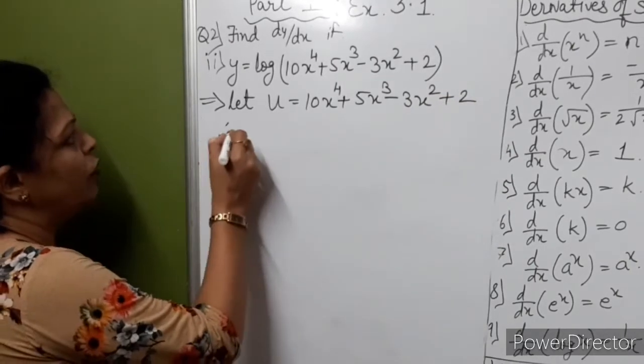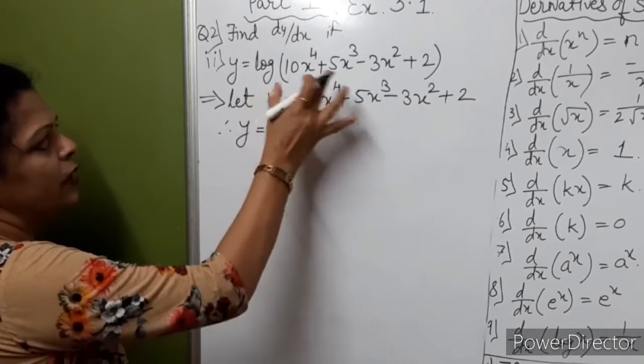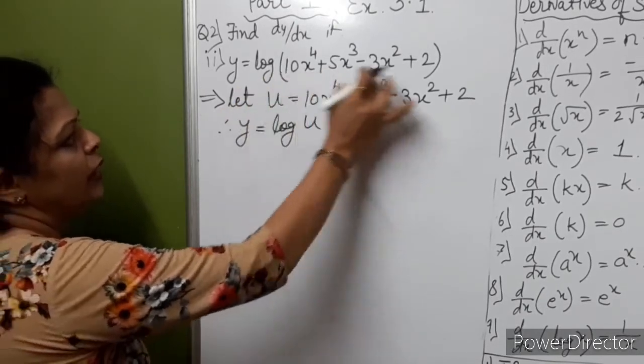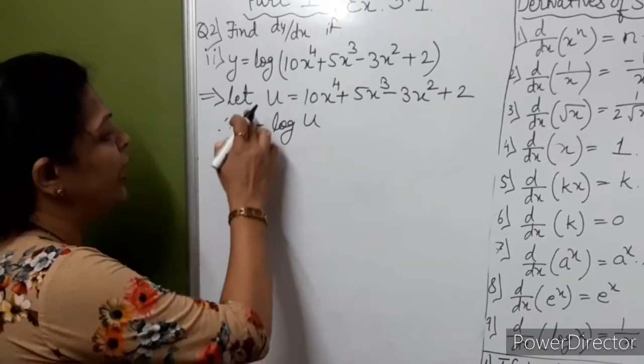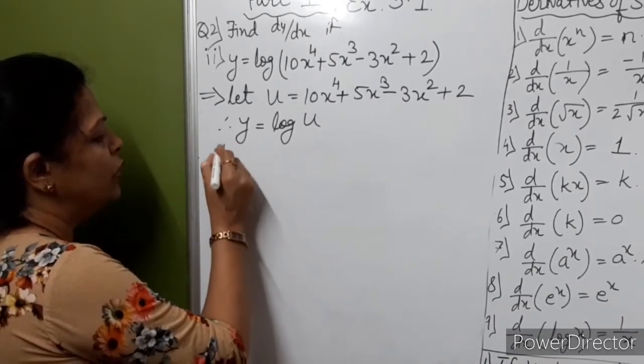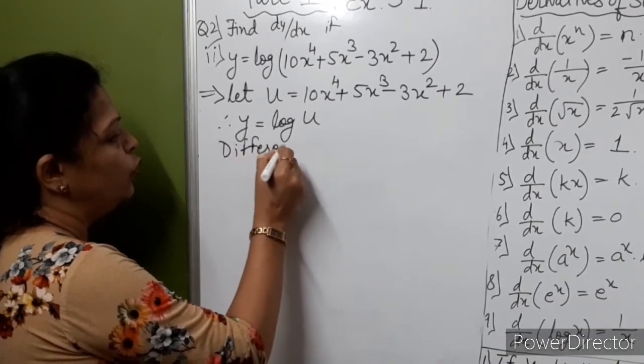So what will be your y? Log u. Correct? This log function, and then inside bracket we have assumed to be equal to u. So we get y is equal to log u. So differentiating with respect to u.